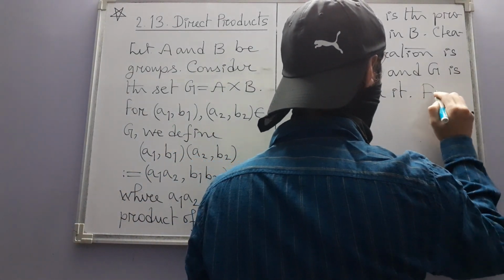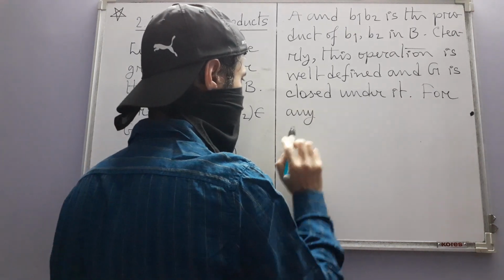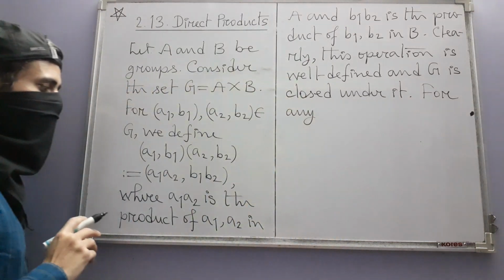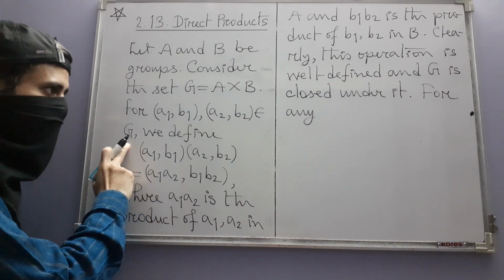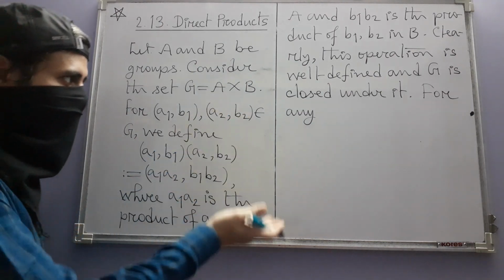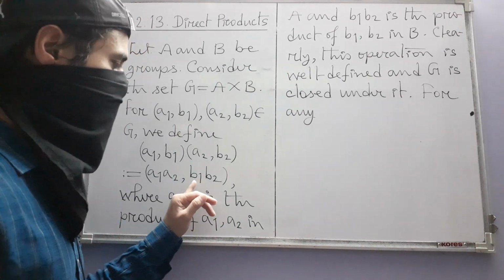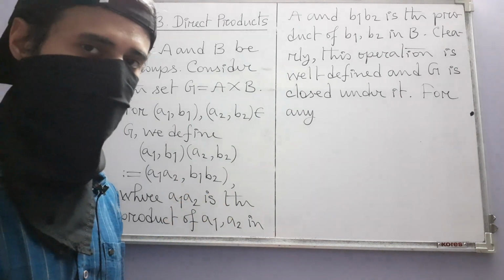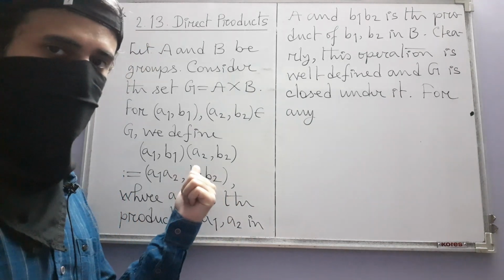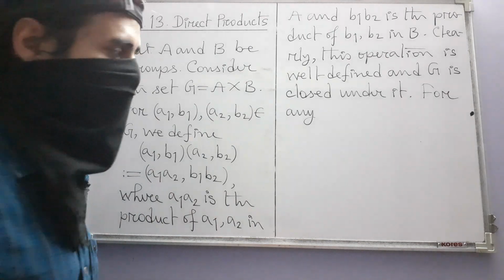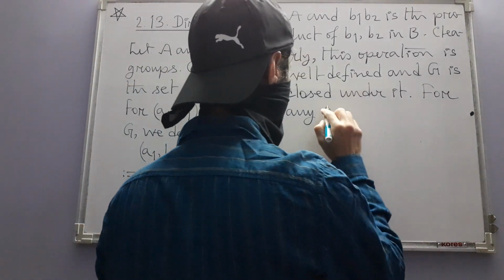Okay, so next, in order to verify that this operation turns G into a group, we have to verify the other three axioms. We need to verify that this operation is associative, there exists an identity element, and every element in G has an inverse in G. So let us take these things one by one.